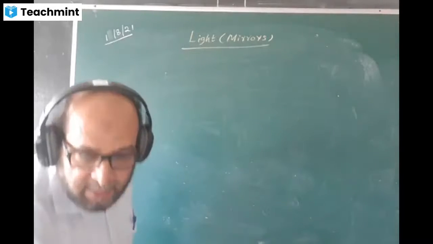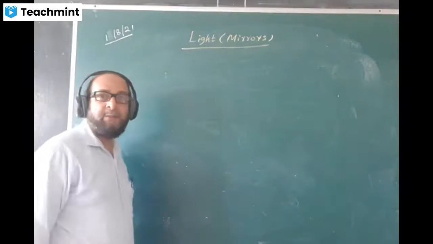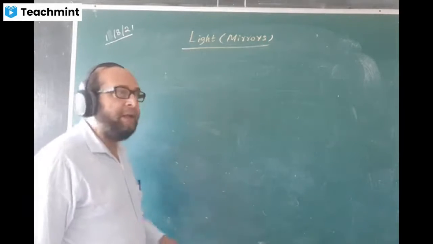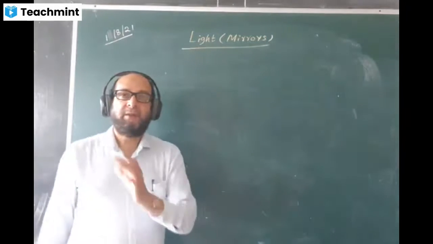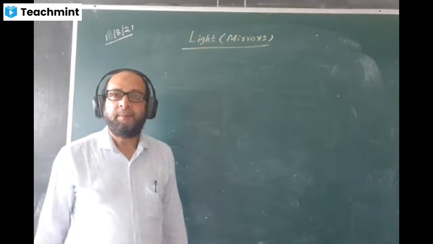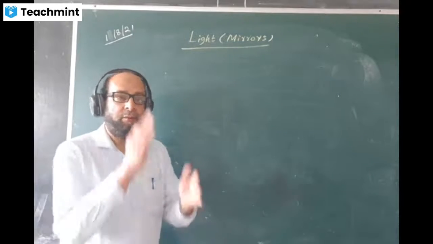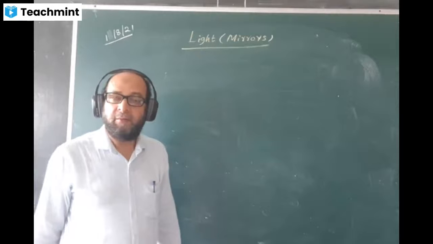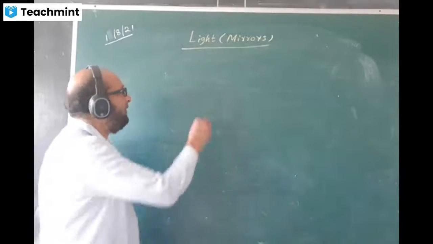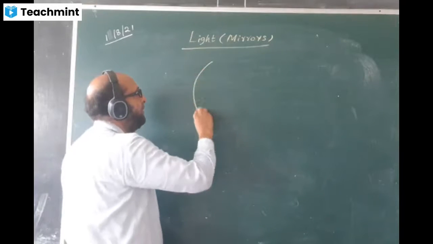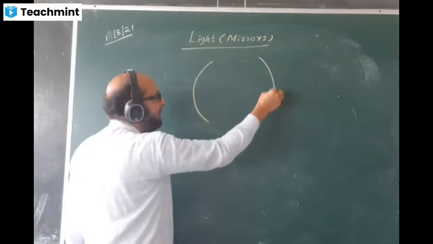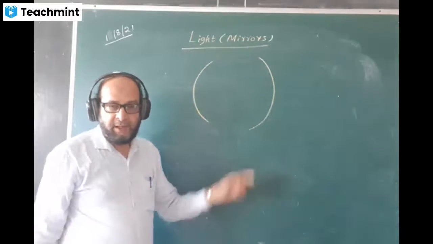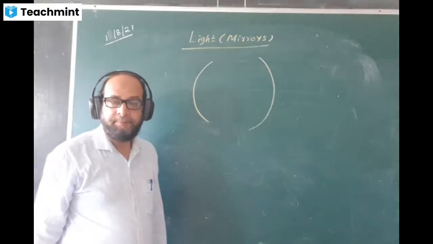Now, your syllabus talks about a spherical mirror. We take a hollow glass sphere and cut it into two parts from the middle. You will have two shapes.